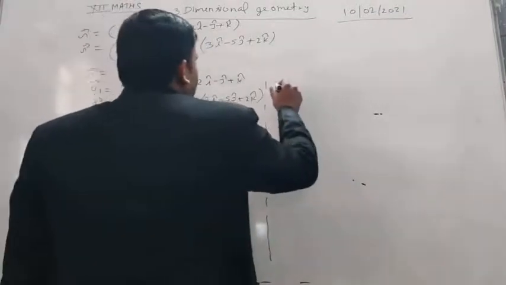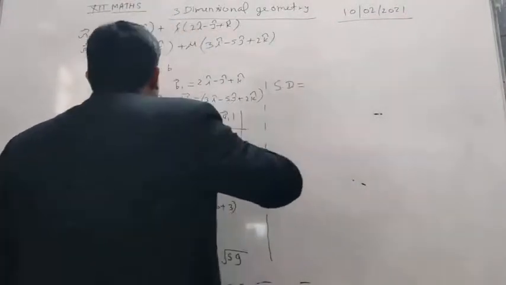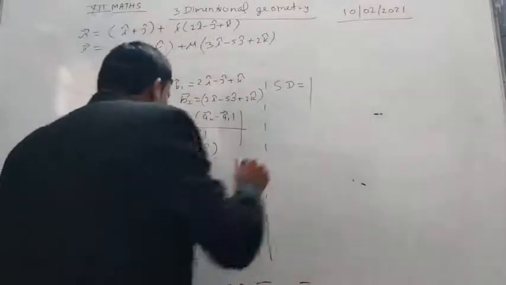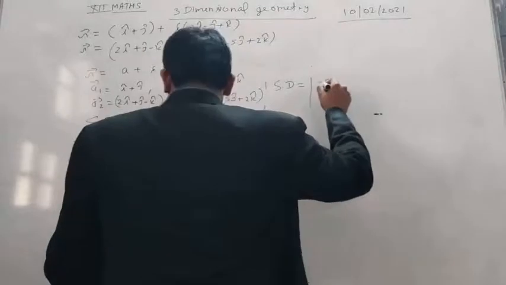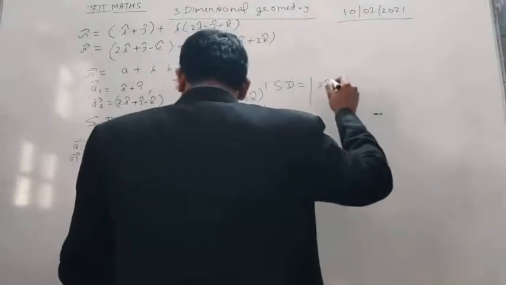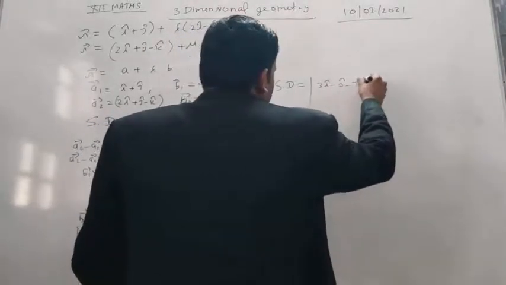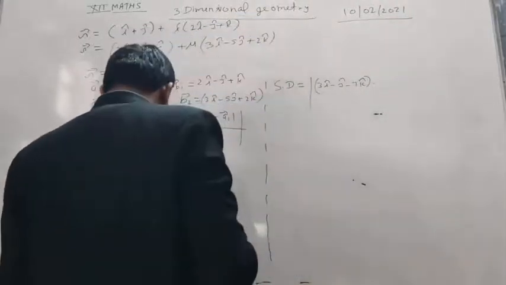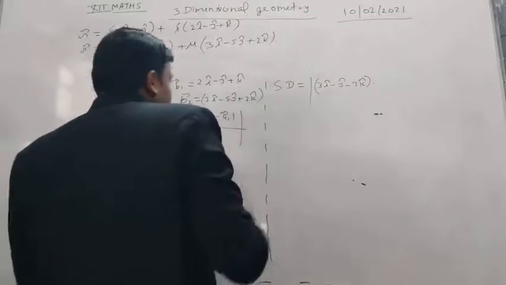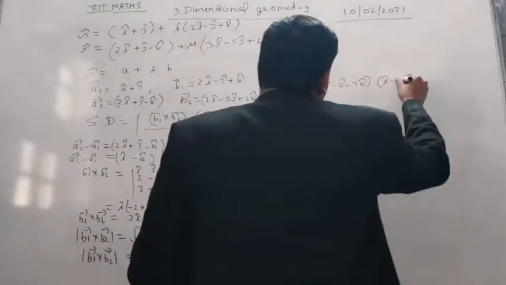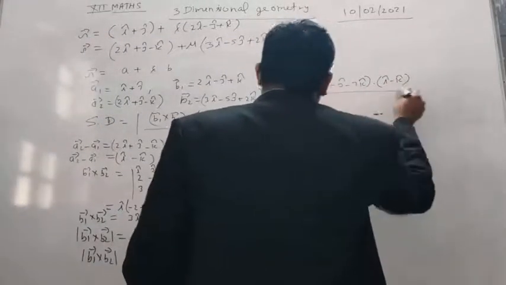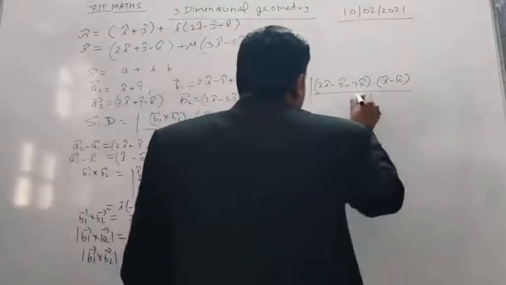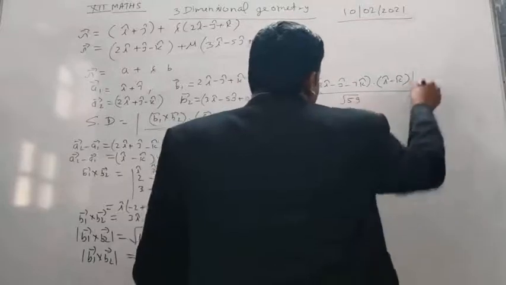And students, our shortest distance will be equal to B1 cross B2, which is 3i minus j minus 7k, dot a2 minus a1, which is i minus k, and this is under root 59.